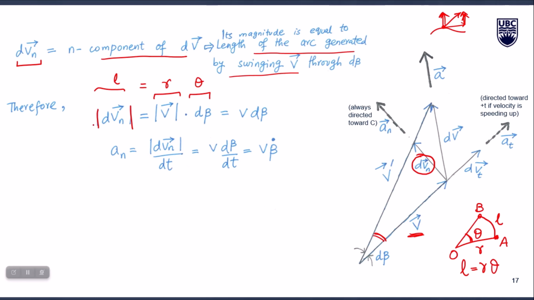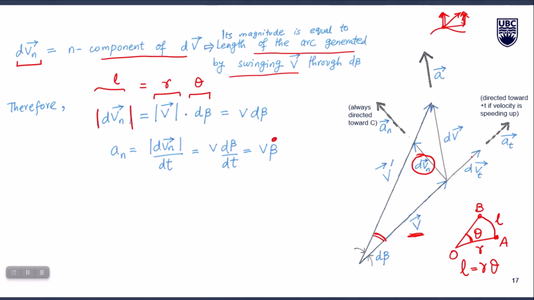And if we simply divide the magnitude of this dv sub n by dt, right, this becomes the n component of acceleration, or the magnitude of the n component of acceleration. So we can divide this v d beta by dt, and in our notation it will become v times beta dot, right? So here we have seen that the n component of acceleration, which is the magnitude of the n component of change in velocity divided by change in time, becomes v times beta dot, same as what we saw analytically in the last slide, right?